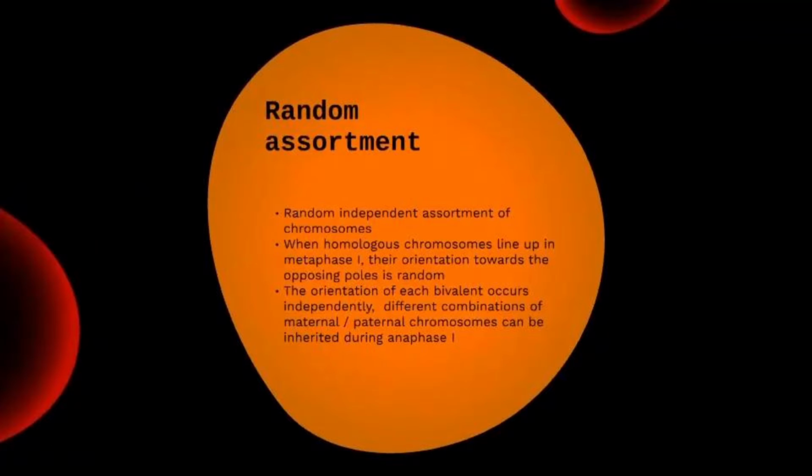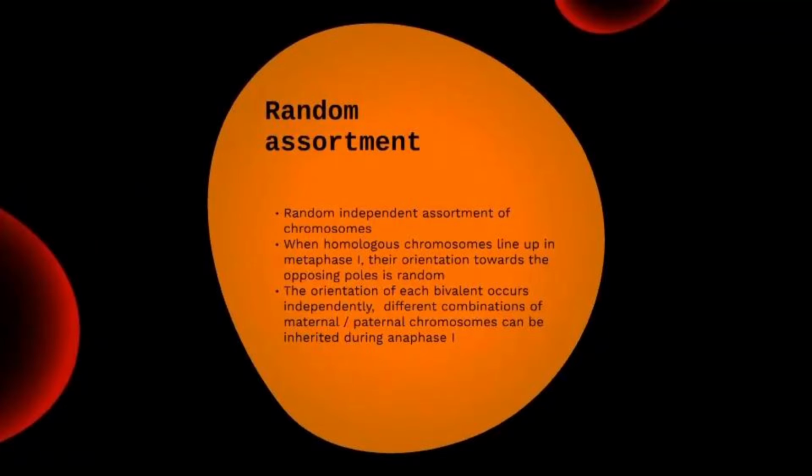So during metaphase 1, the chromosomes line up and they're made of the sister chromatids. But when the spindle fibers attach, they pull the combination of sister chromatids to one pole. This means that there will be different combinations of maternal and paternal chromosomes inherited during Anaphase I.